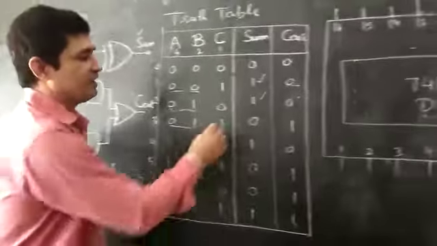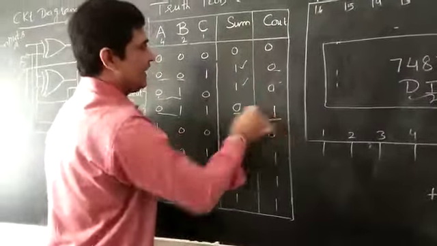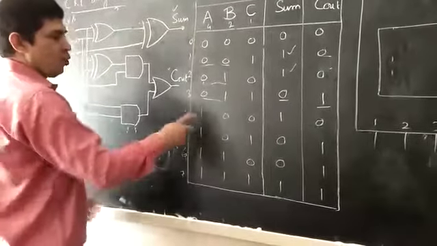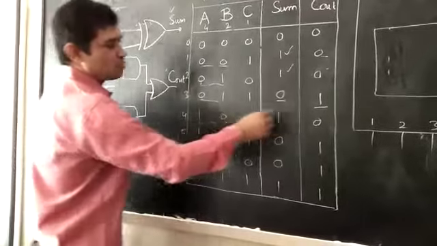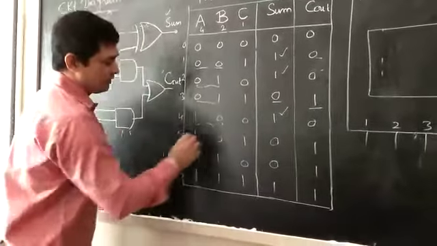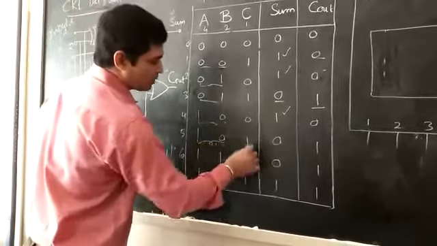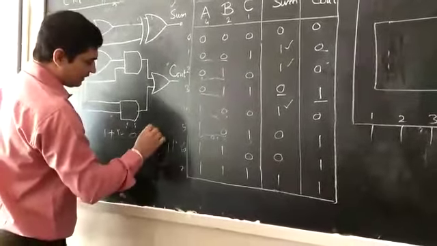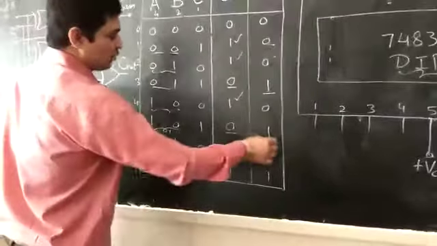Here you will see in the truth table there is a 0 at the sum place and 1 at the carry. Further, 1 plus 0 plus 0 is 1. Here you will check, this is 1. Next, 1 plus 0 plus 1 is 0 with carry 1.